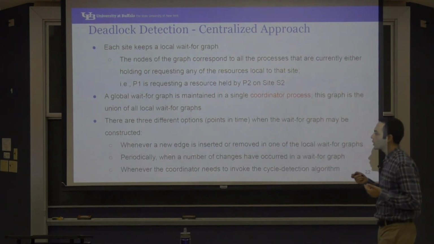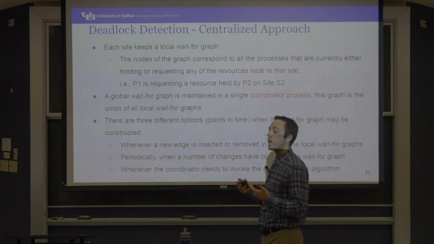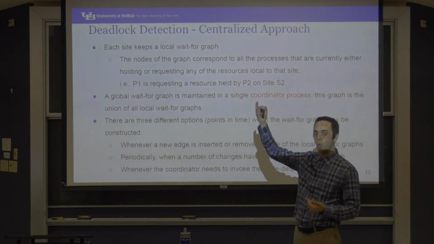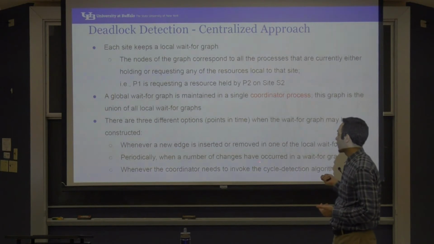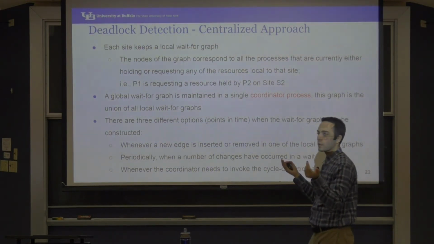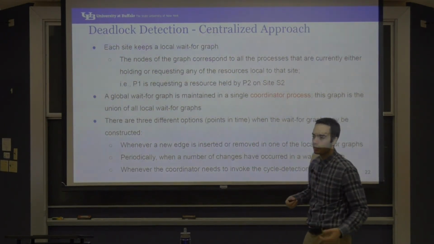So, for example, whenever a new edge is inserted, so a site updates its local wait-for graph, it can also update the coordinator. Another option is that periodically they can update their wait-for graph or send their heartbeat to the coordinator: this is my status at this point.